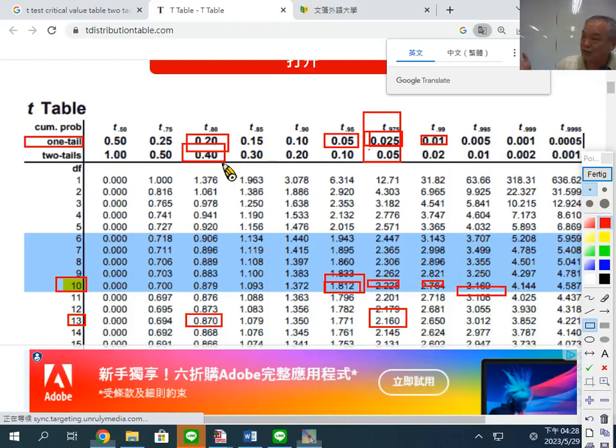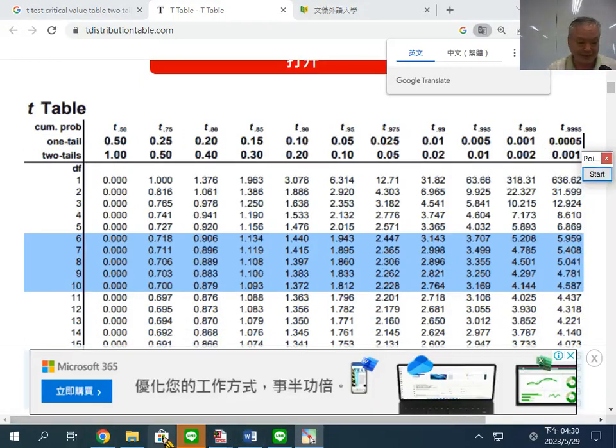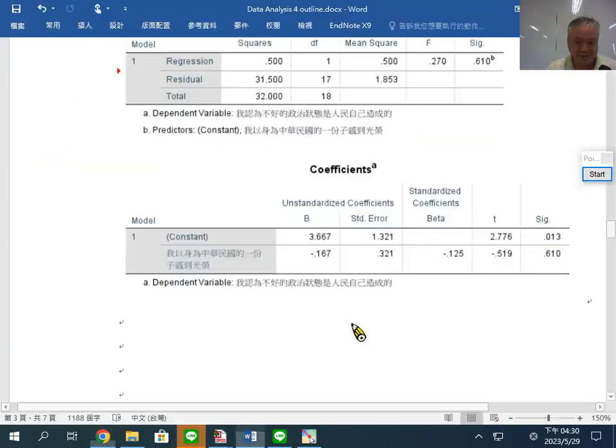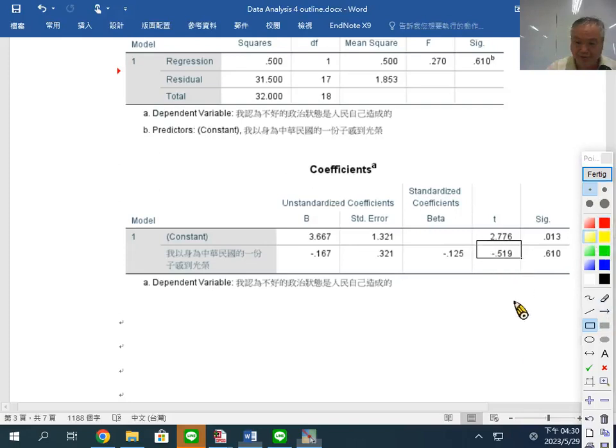In short, the larger the t-value, the lower the probability. So if we have a t-value this big, then the probability will be less than 5%, right? So let's come back here to see the t-value. Did you see that the t-value is 0.5? Very small, right? Very small. So normally, if you are used to it, when I see the t-value here, I can have a sense.